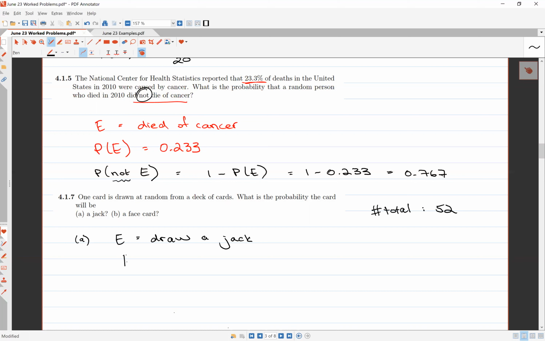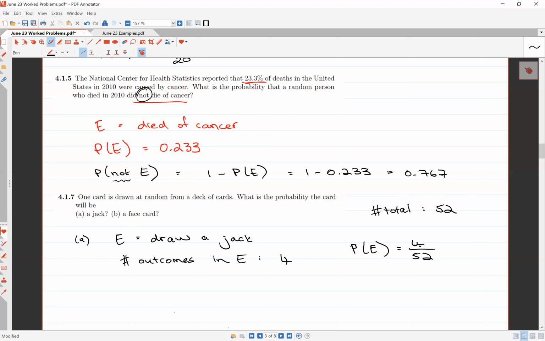Now, how many jacks are there in the deck? There are 4 of each kind of card in the deck. So the probability here will be 4 over 52.